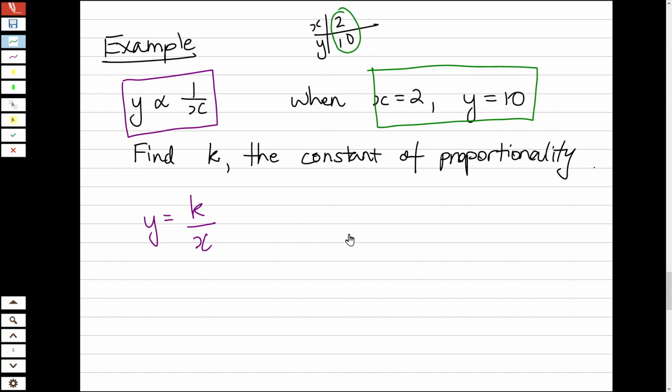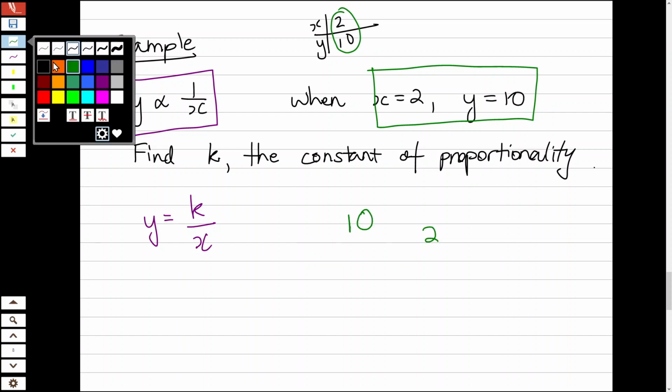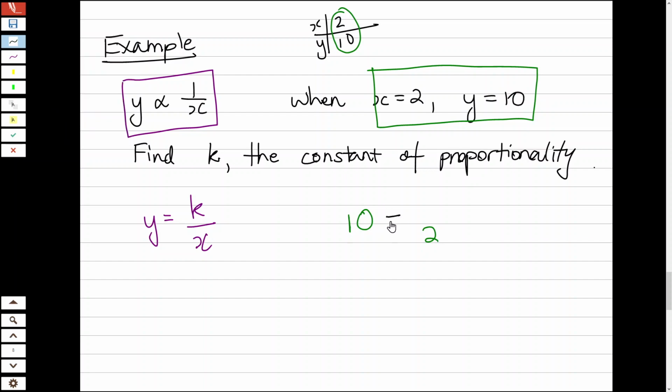So now what I want to do is figure out the constant of proportionality, or k. We know those numbers. We know that when y equals 10, x equals 2, so 10 equals k over 2. Can we solve for k? What operation should we do?